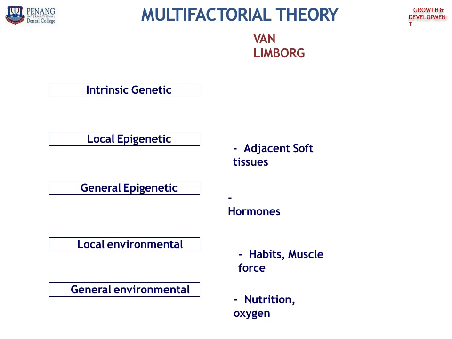Local means which will act locally, like adjacent soft tissue on their respective bones. General epigenetic factors, again factors apart from genes but within the body, which will have a general effect, like hormones. So if there is any hormonal imbalance, that will affect the growth.